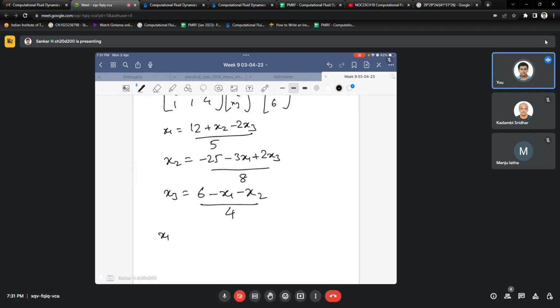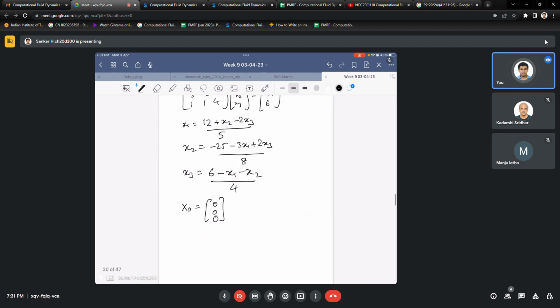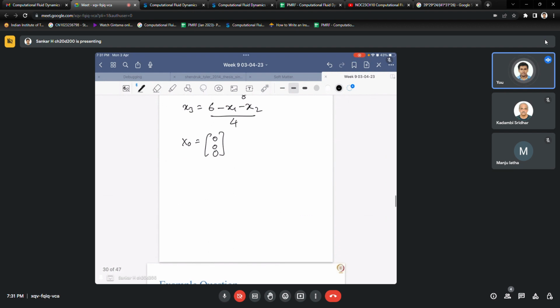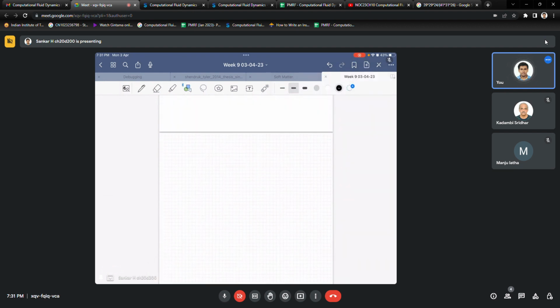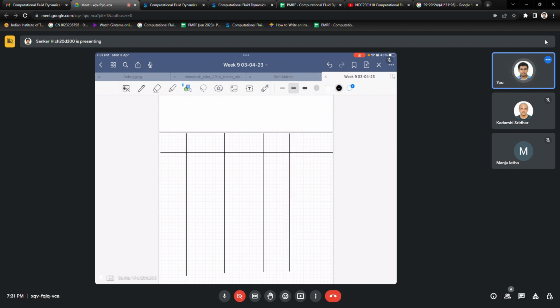So what we do here is we start with an initial iteration. Let's say our initial guess x naught is given as 0 0 0, and let's perform 2 iterations over here for the sake of time. Let me write down what we need to find. We need to find the iteration number, x1, x2, x3 and the residual.